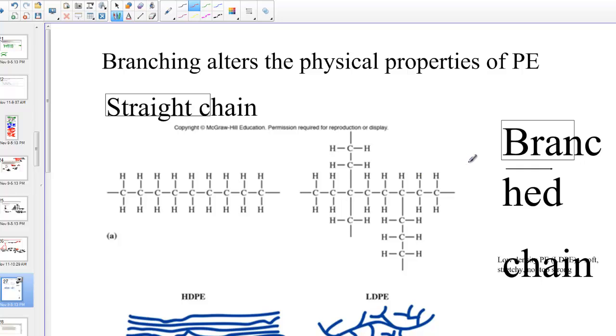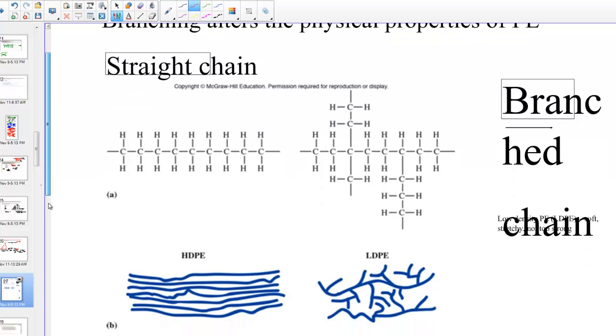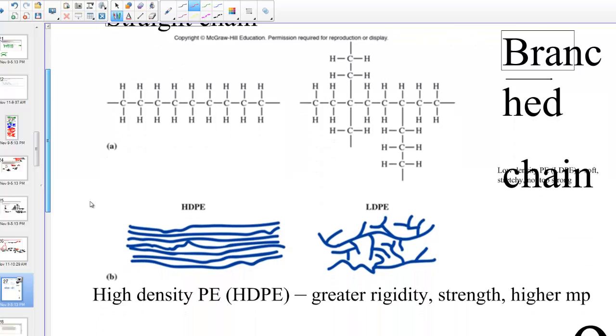So this branching alters the physical properties of our polyethylene. Our low-density polyethylene is highly branched. Our high-density polyethylene is a very straight chain with very strong intermolecular attractions known as dispersion forces.